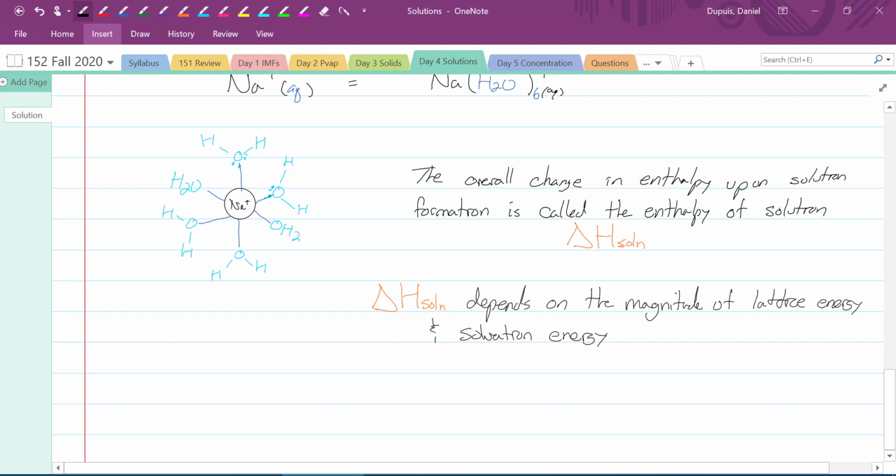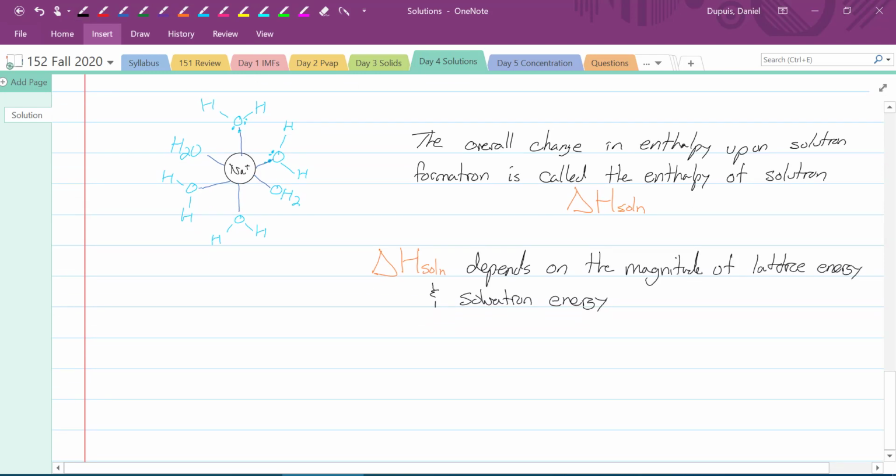Alright, so my delta H of solution can be negative, or delta H of solution can be positive. If delta H is negative, we know that's exothermic, and it is enthalpy driven.